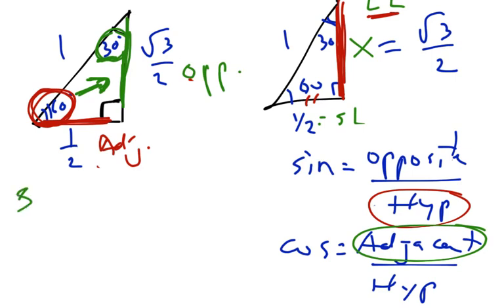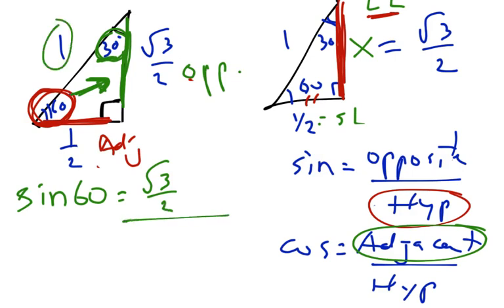So my sine of 60 is going to be opposite, which is square root 3 over 2, over hypotenuse. How much is the hypotenuse? 1. My answer is square root 3 over 2.